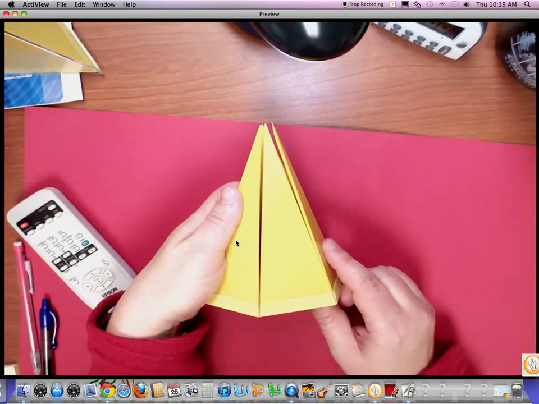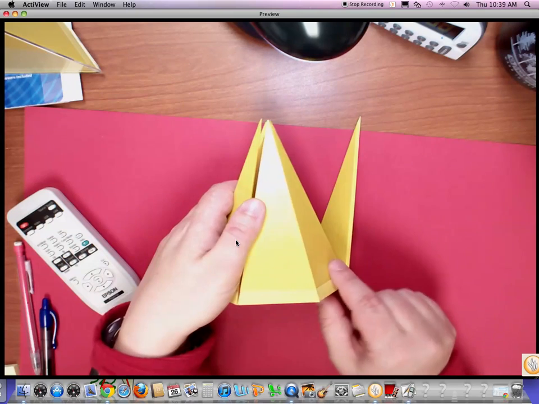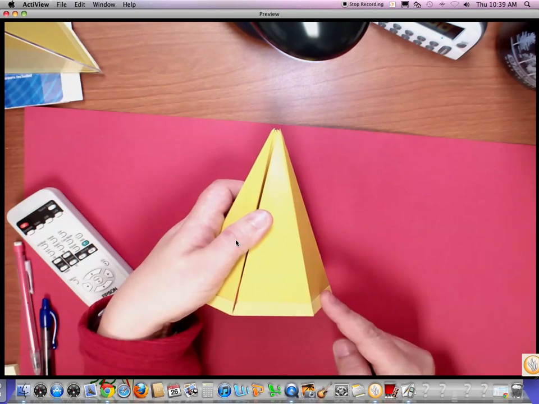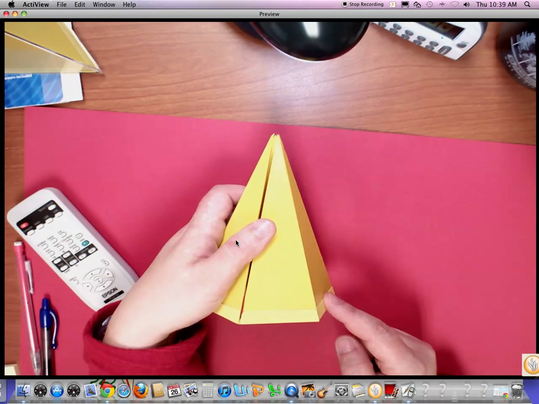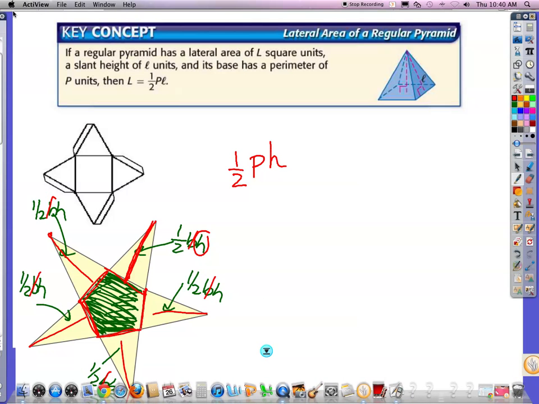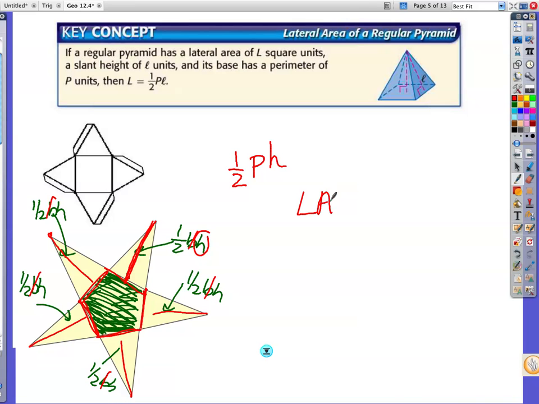So it's got a slant to it, right? When we say the height of the triangle, it's actually a slant height. And why am I saying it funny like that? Because they choose a very interesting letter to represent slant height. It's the slant of the triangle. And because they use L, I do not know why. So you're going to have 1/2 P and then L.